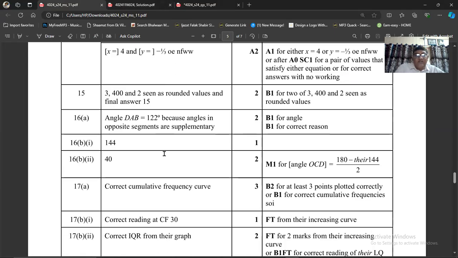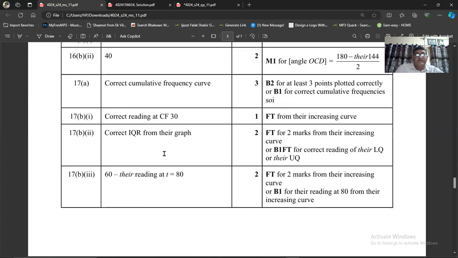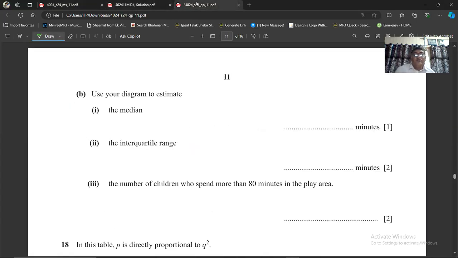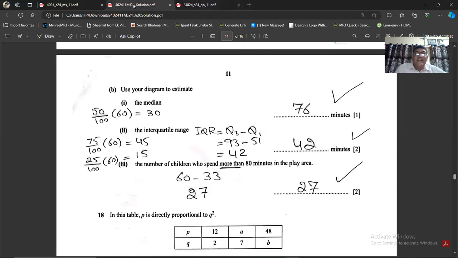So let's have a look at the marking scheme as well. He has not given us the answer. He says whatever the students' readings are, they should just be correct. Next: the number of children who spend more than 80 minutes in the play area. This phrase is very important: more than. These graphs are of less than, but their question is more than 80 minutes.